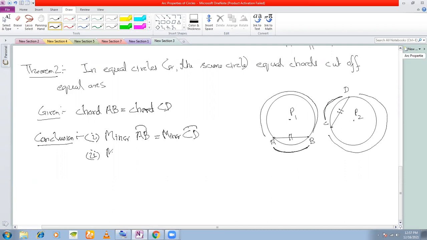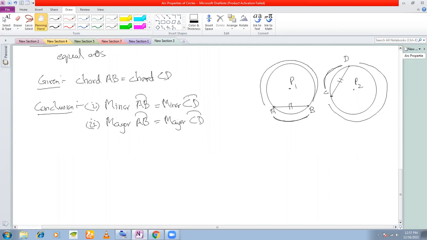So major arc AB must be equal to major arc CD. Clear with this theorem? What does it mean for a single circle?